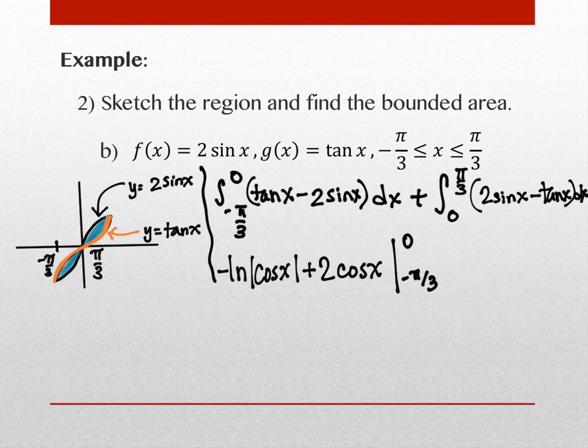So what we could do, instead of actually finding these and looking at which one is on top of which one, right? On one side, it was the top when the bottom switched to the other side, correct? We could actually set this up so that we're looking at the integral from negative pi over 3 to 0, for example, and we just take the absolute value of the tangent of x minus 2 sine of x.